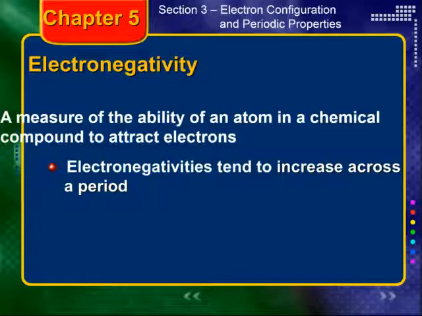Now, oxygen does want to get some electrons. It needs 2, so it's going to attract 2 electrons. But fluorine only needs 1 more electron, being in group 17, main group 7. It only needs 1 more electron to satisfy its octet rule, and so it's super close to getting its octet full.